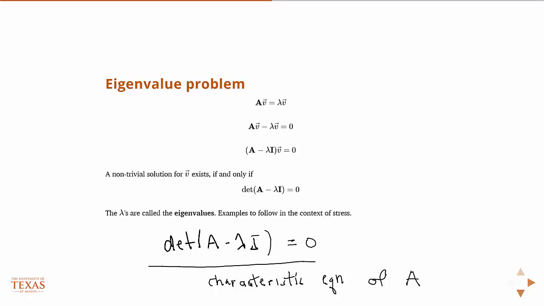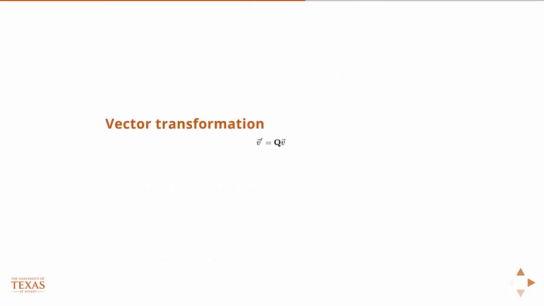Okay, so those will be the eigenvalues, and then the corresponding v's are the eigenvectors. And again, we'll work an example in the context of stress here in a minute. Okay? So we'll just have to hold on to that.